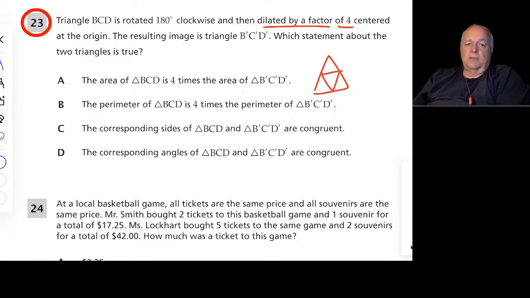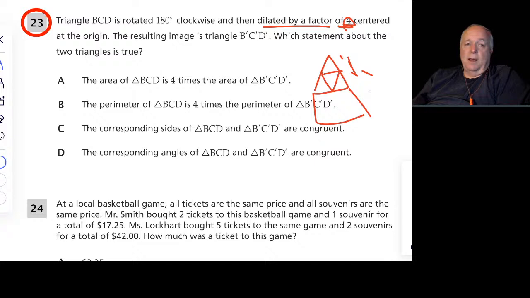No, because if this length was 1, then we get 2 as the length. That doesn't really work out when you actually do the equation and try to fit it out. Since it's dilated by a factor of 4, we're going to get a triangle even twice that, a super triangle like that. If it was originally 1, the length is now going to be 4 because it was dilated to that extent. So we're getting something like 16 times the area.